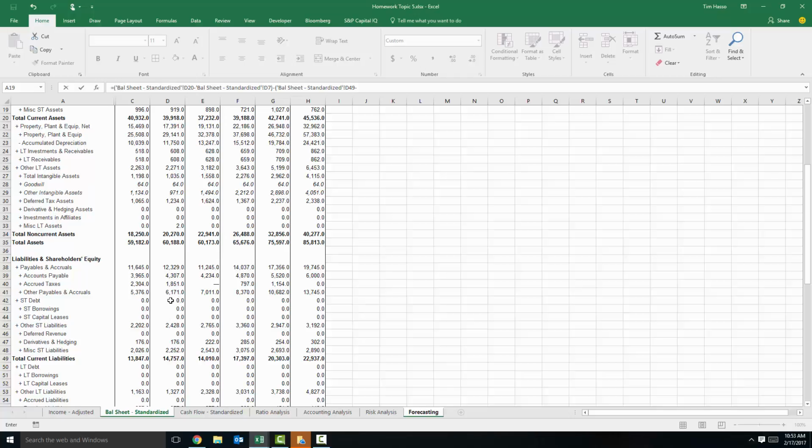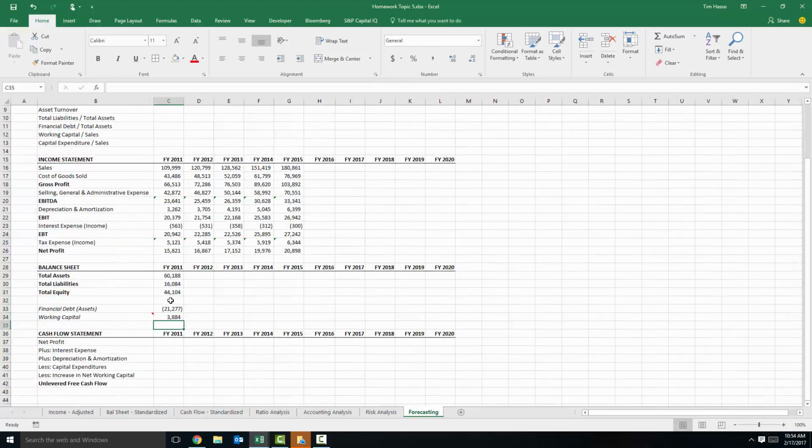Now in this case, H&M has a short-term debt of 0, so it doesn't matter, but your company might have some short-term debt. Press enter, and we get the working capital for H&M.